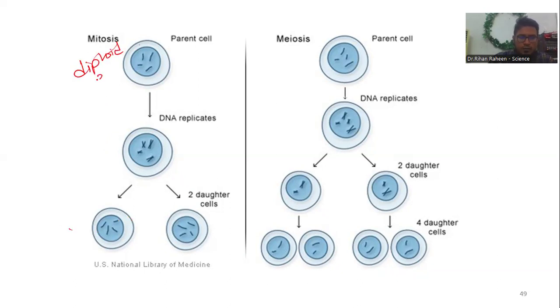If the symbol for diploid is 2n, this will be 2n, and this will be 2n. But if it was already haploid, n, then the daughter cells also will be haploid. Diploid means double, haploid means half the number of chromosomes. So what are they trying to say? Mitosis can happen in haploid as well as diploid, both.